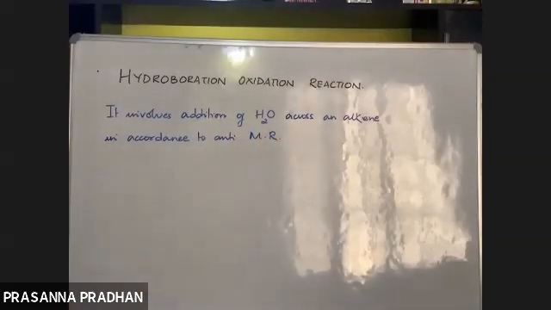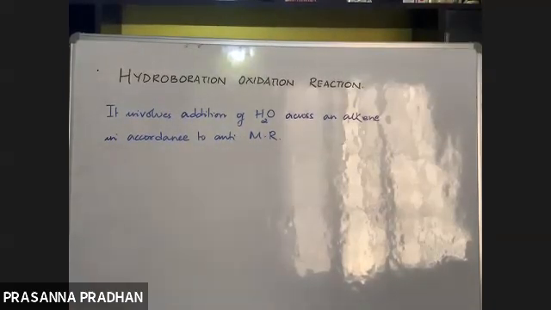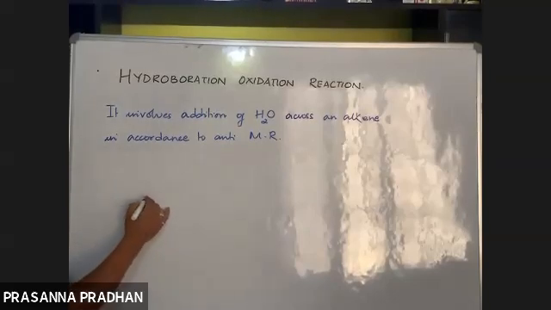In the last method which we discussed, the water molecule was added following Markovnikov's rule. But in hydroboration oxidation, the water molecule is added across the double bond in accordance to anti-Markovnikov's rule.